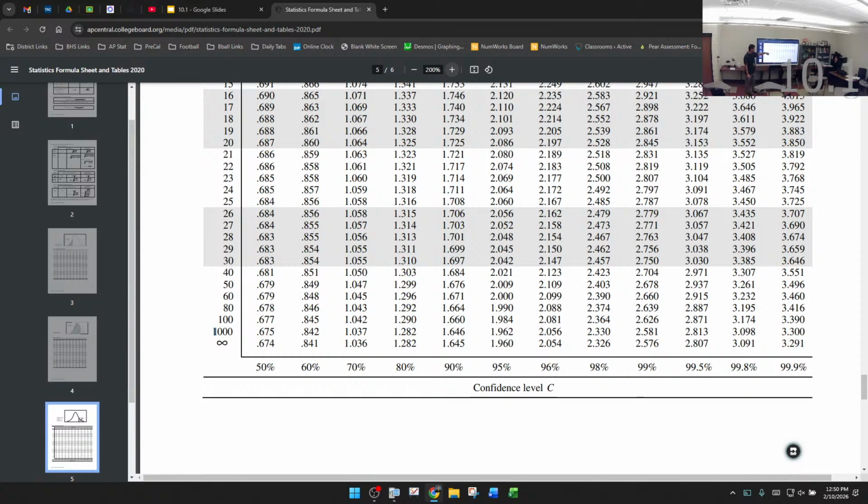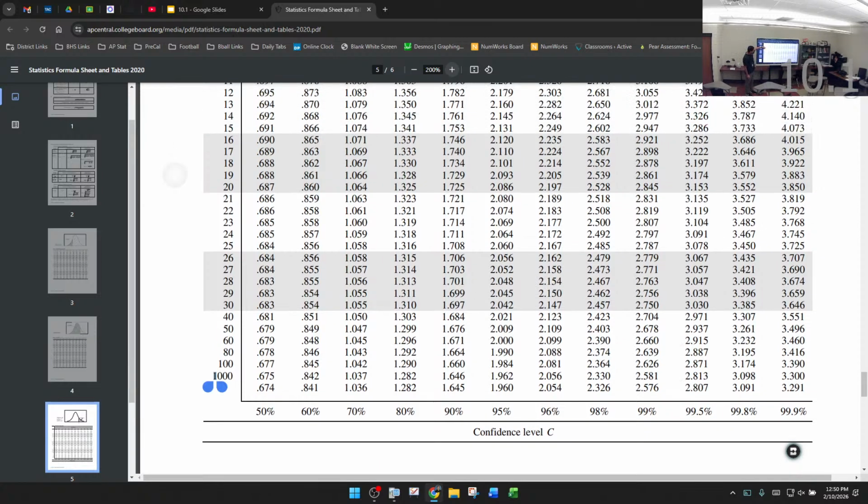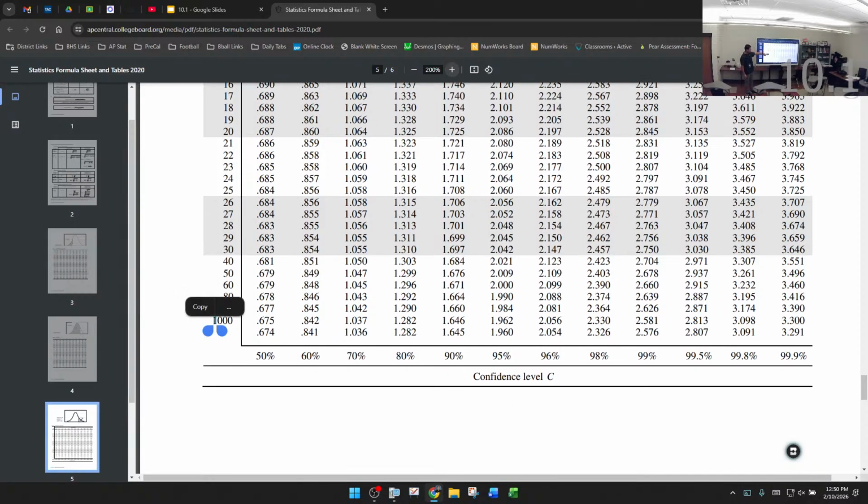And then it also skips some DFs: 1, 2, 3, 4, 5, 30, 40, 50, 60, 80, 100. It's because these values, 1.303 and 1.299, don't have a whole lot of difference between them. So just recognize that if you're using a table, you may not find the exact answer, but you're going to get close enough where you'll get your points.